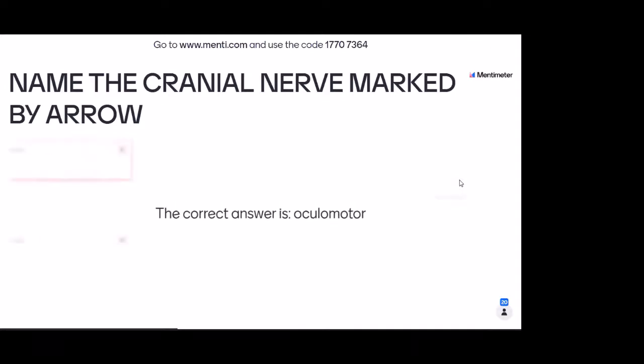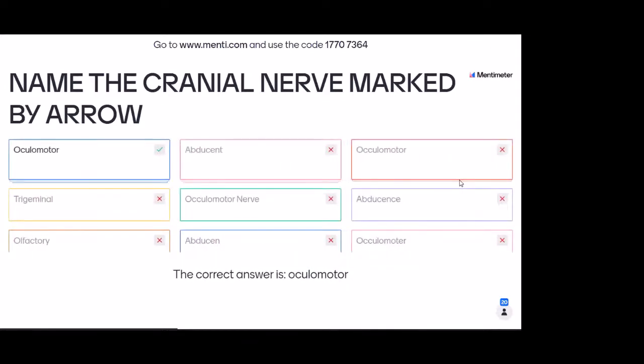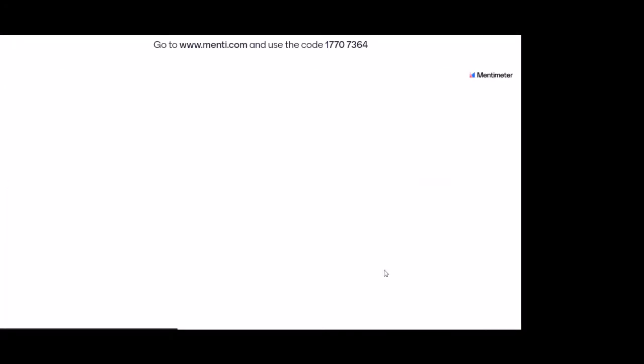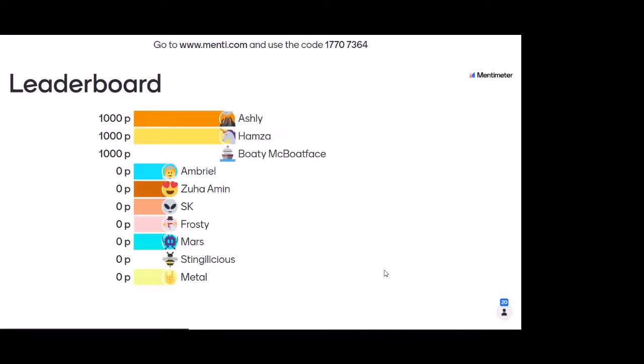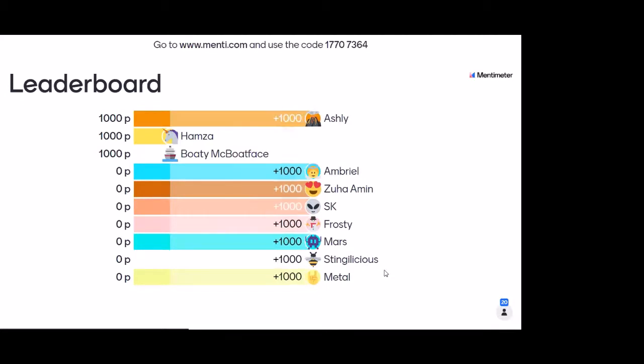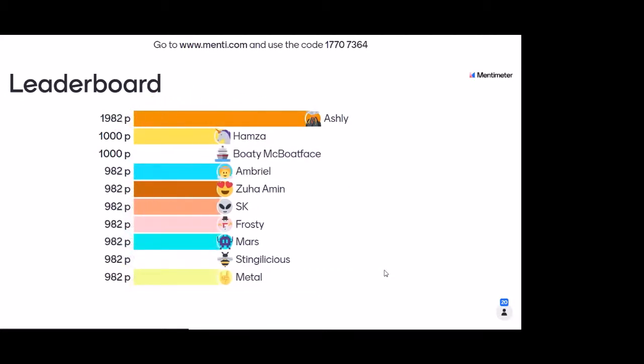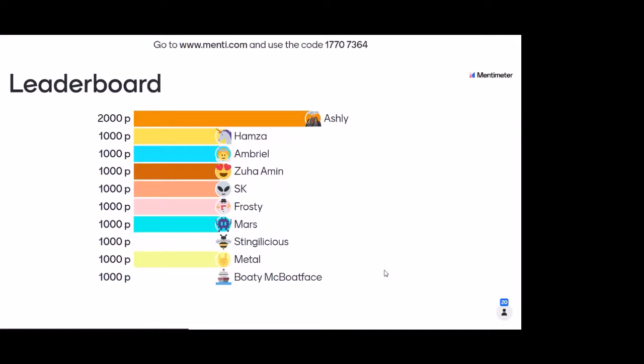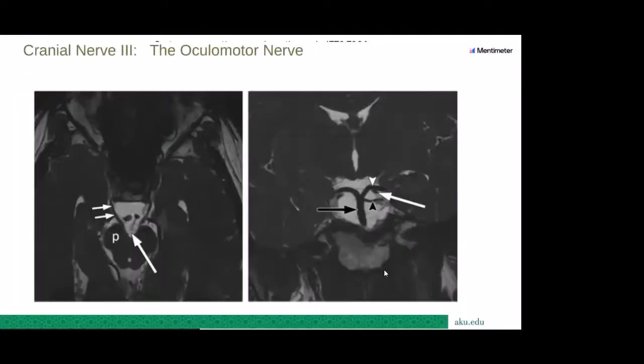And the correct answer is oculomotor nerve. Okay. So this is the oculomotor nerve.